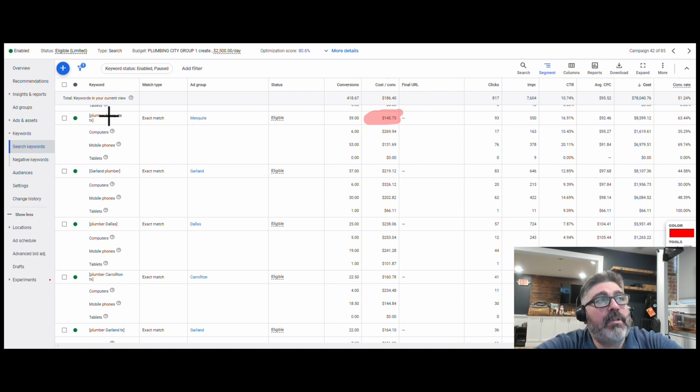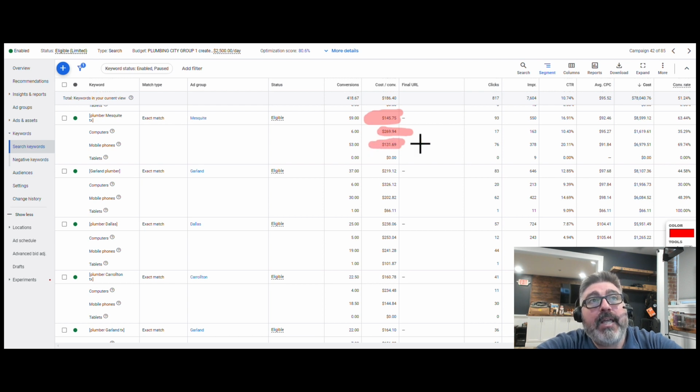So if I drill in and I look at the details, because controlling Google Ads is all about getting into the details. So 6 conversions from a desktop, a computer, at $269 compared to a mobile phone of $132.